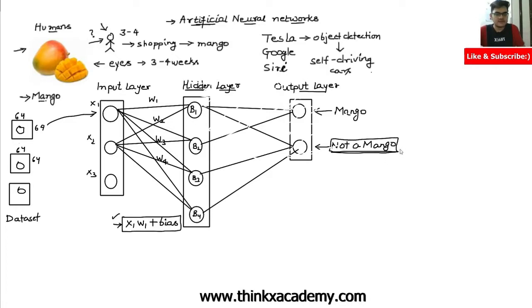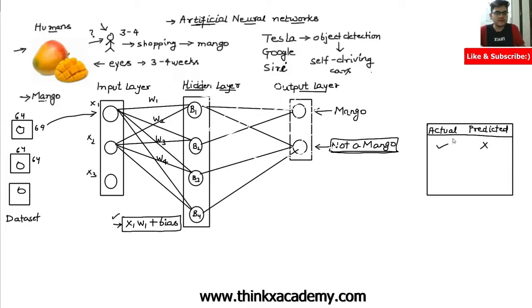Now in this case, if it happens, what we will do is we will tell the neural network, actually we can create a table of actual versus predicted values. So let's say the neural network has predicted that it is not a mango, but actually it was a mango, right?